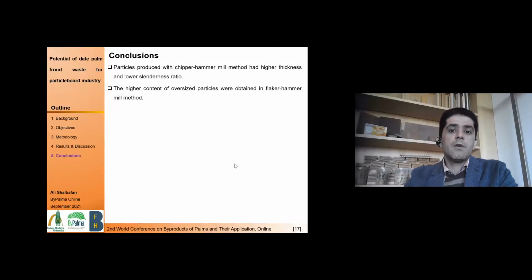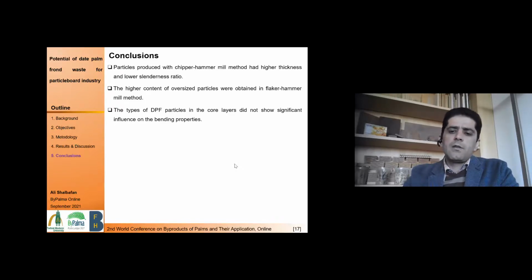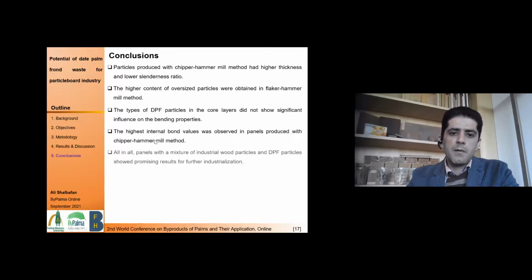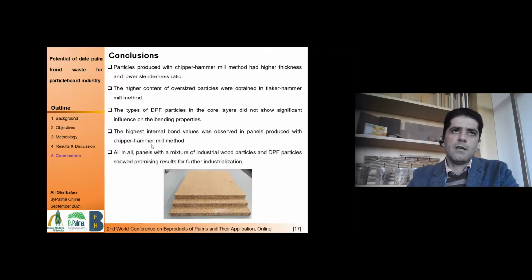A higher content of oversized particles was obtained in the Flecker hammer mill method, which is unacceptable. The type of date palm particles in the core layer did not show significant influence on the bending properties. And the highest internal bond values were observed in panels produced with the cheaper hammer mill method.